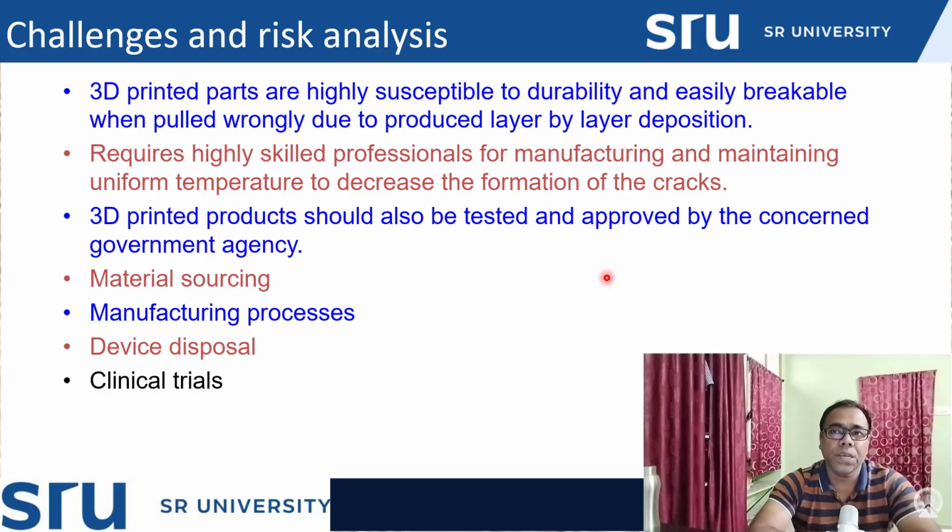Once it is 100% successful, or the success rate is more than 90 to 100 percent, at that time the government agency can easily give permission for the use of that electrode, or BI electrode. Similarly, we have to perform risk analysis to see whether any harmful effect to the patient is there. For that, one can go for the risk analysis process.